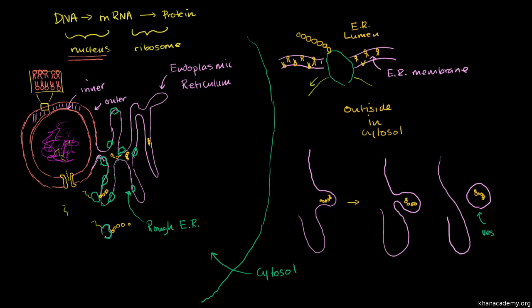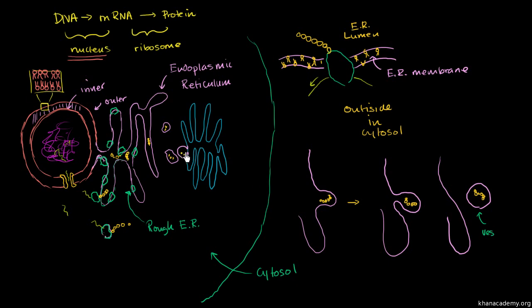Now this vesicle can then, let me draw some of these vesicles holding some proteins, can then go to the Golgi apparatus. The Golgi apparatus, which I'll draw in blue right over here as best as I can. Obviously there could be better drawings of something like this. And then they can essentially do the reverse process, and they can attach themselves to the Golgi, oftentimes the Golgi body, named after Mr. Golgi, who discovered this.